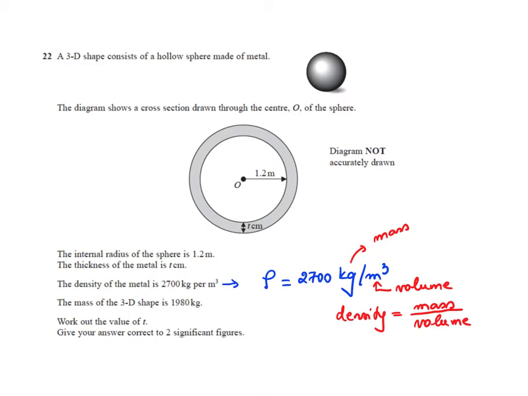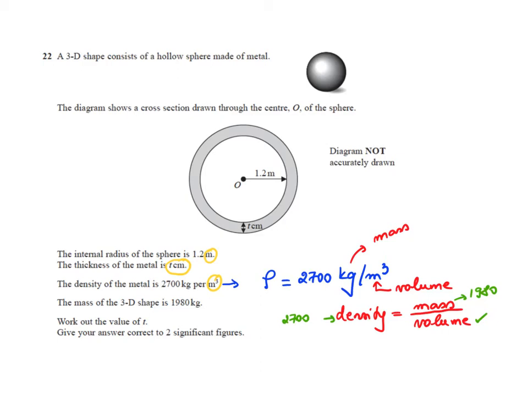So my idea now is that I can find the volume in terms of t. I know the mass because they tell me that the mass is 1980, and I know the density, which is 2,700. I check the units. I have meters cubed, so it's okay. And t, well, I'll find t in meters, and then I need to change it into centimeters. See how this gives me the equation from where I can find t.